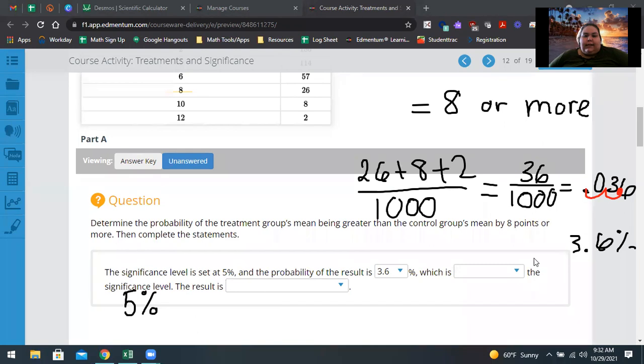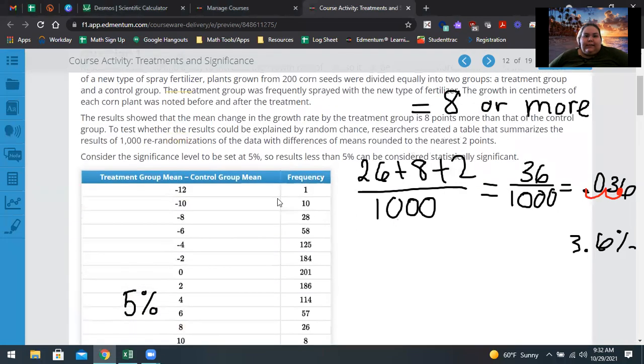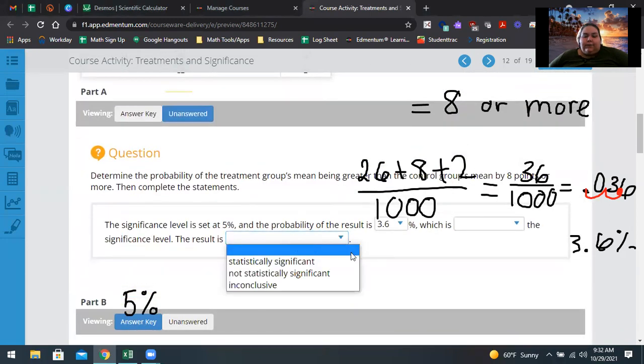So you're going to select 3.6 as less than 5%. The idea is that if it's less than 5%, it is considered statistically significant.